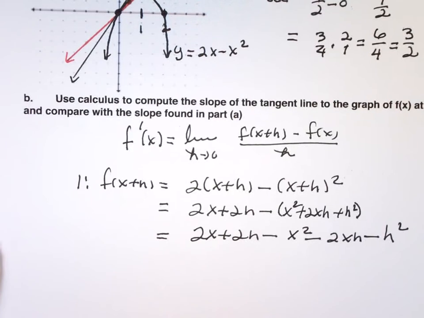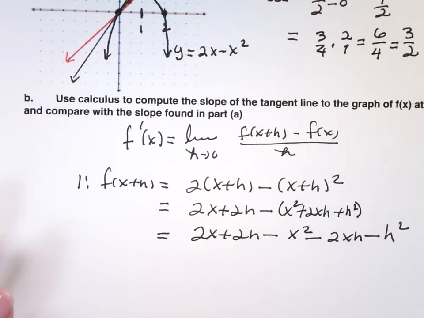Remember, if I've done this correctly, after the algebra the only terms left will be those containing h's. If it's got an x or a constant by itself with no h, then I've made a mistake.